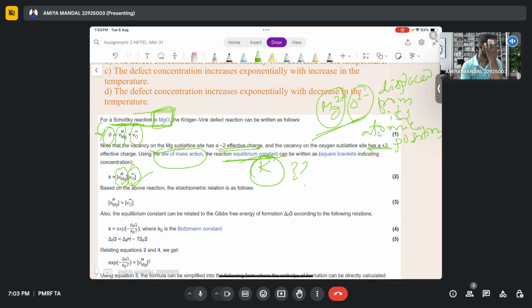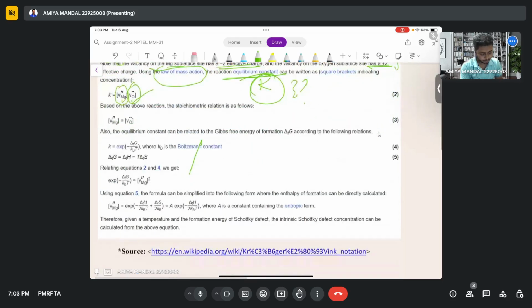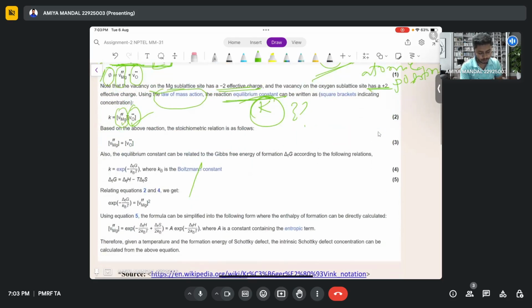So by using the law of mass action, we can calculate the temperature dependency. Now, based on the above reaction, the stoichiometric reaction is this.